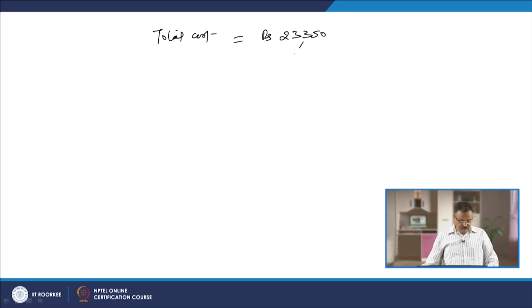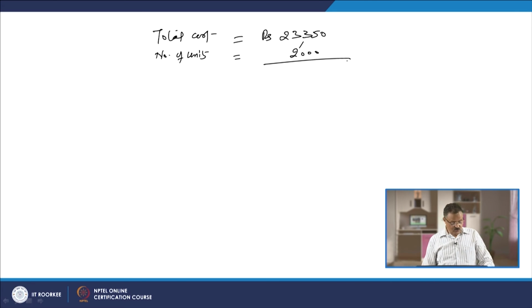Now, we have to see how many units we have manufactured. The number of units we are manufacturing is 2,000. So, you can now calculate the total cost per unit.